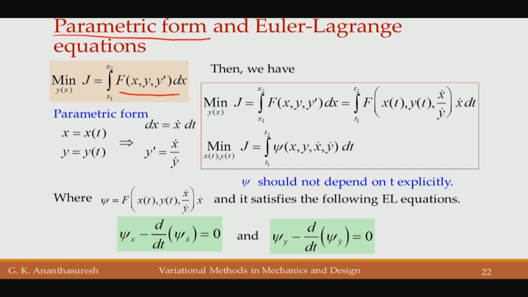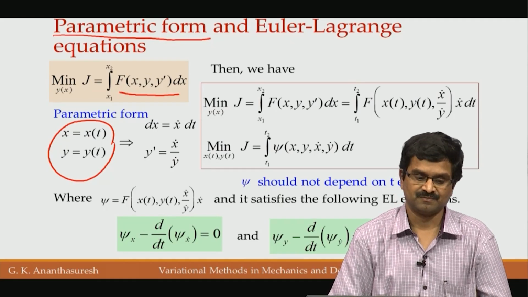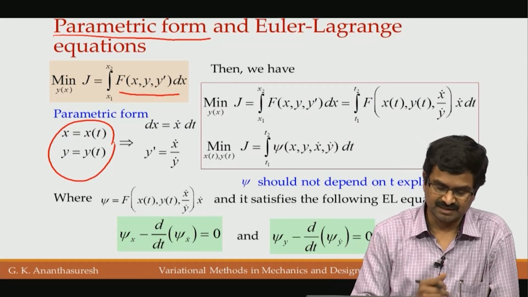Earlier we changed both x and y in terms of u and v, with a different set of symbols u, v and v prime. Now, in parametric form we express x and y in terms of a third variable called time or t. In a dynamic problem you will say time, but that is there.